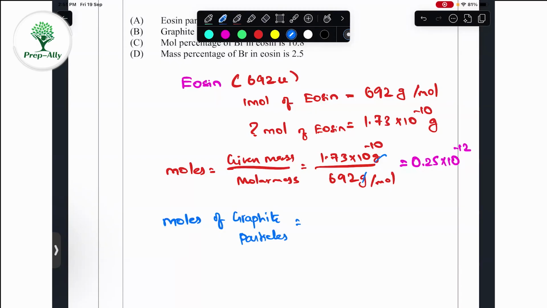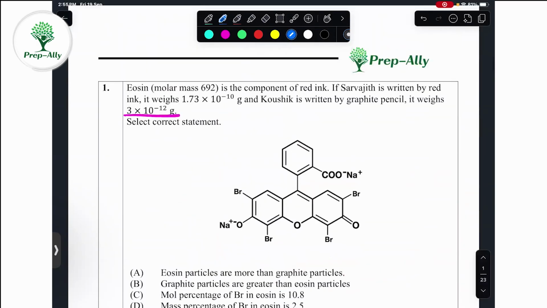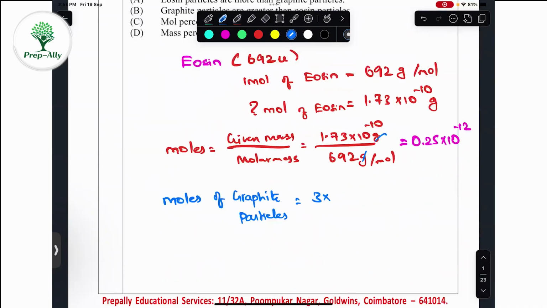It has 3 into 10 power minus 12 gram, and the carbon atom will weigh 12 gram per 1 mole of carbon. So if you solve this, it will come as 0.25 into 10 power minus 12 mole.